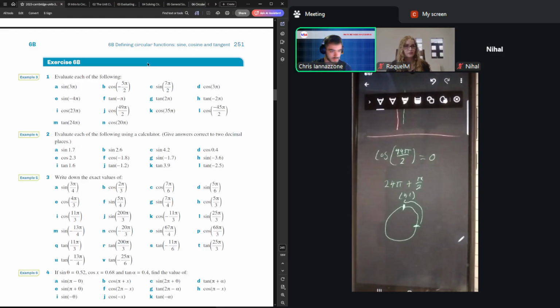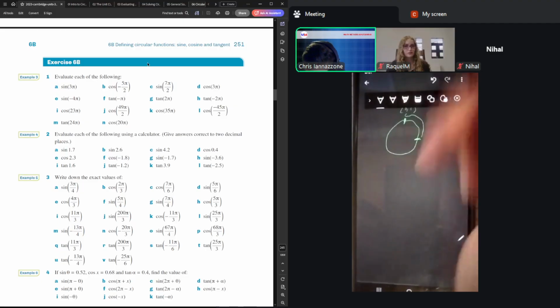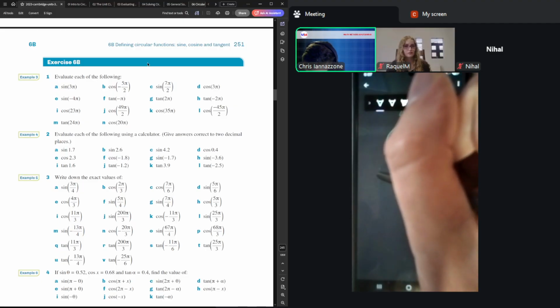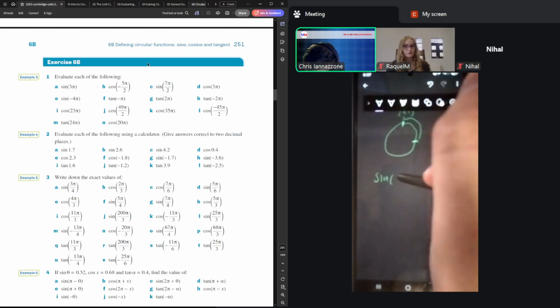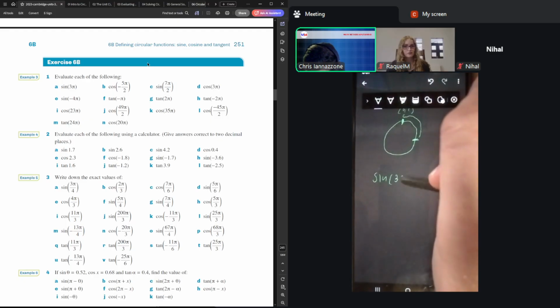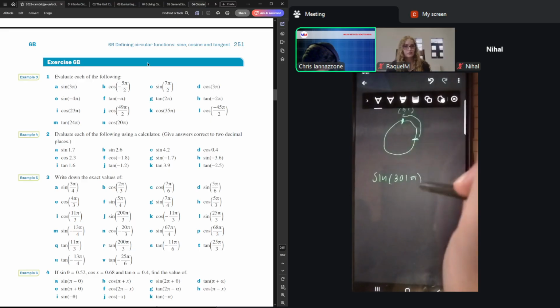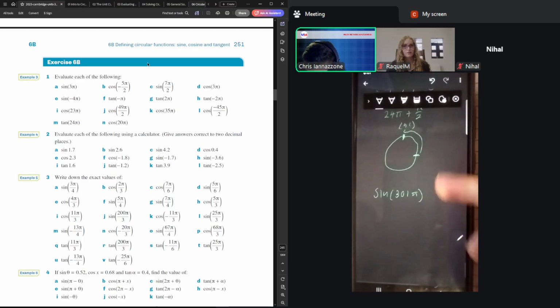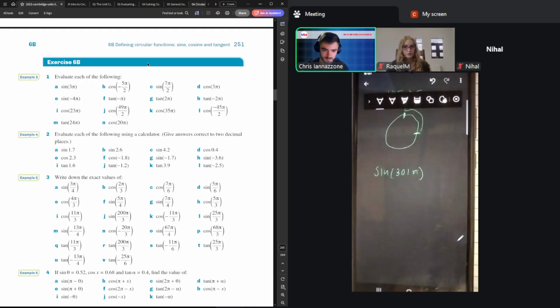We'll do one more type of archetype there. So let's do sine. I'm making this one up, of 301 pi. Big number, but it's actually probably the easier one to do.